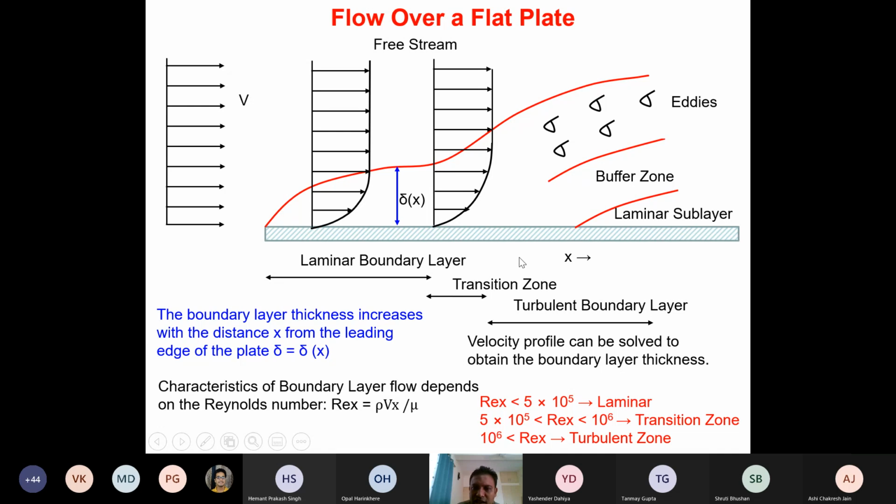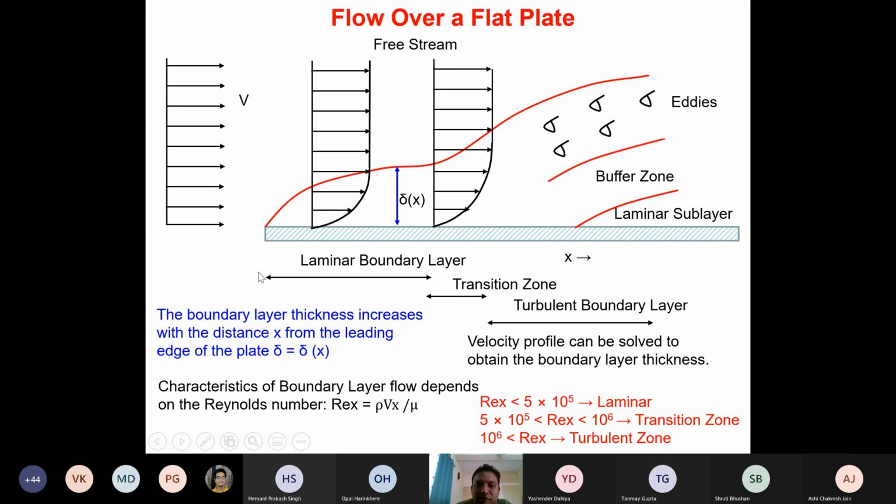From this to this there is a transition region, and beyond this there is a turbulent layer. Whether my boundary layer lies in a laminar, turbulent, or transition region can be evaluated using the Reynolds number, and the Reynolds number in this case is defined in terms of the distance x from the leading edge.